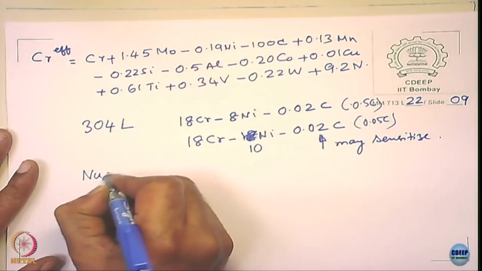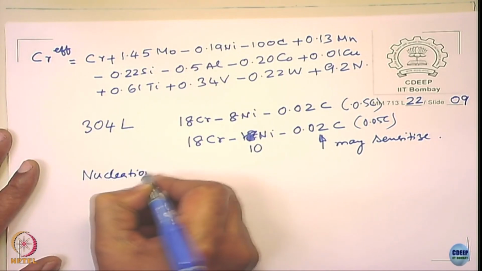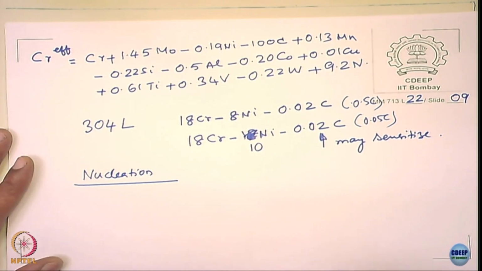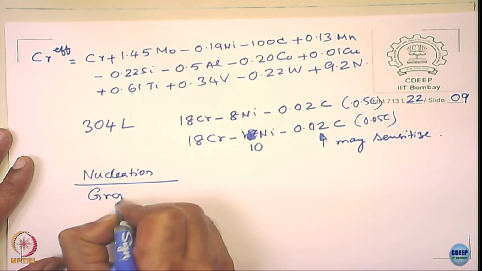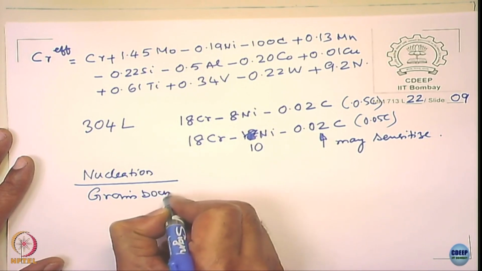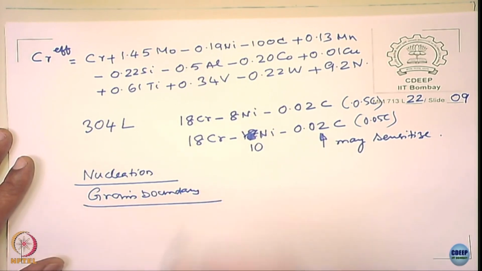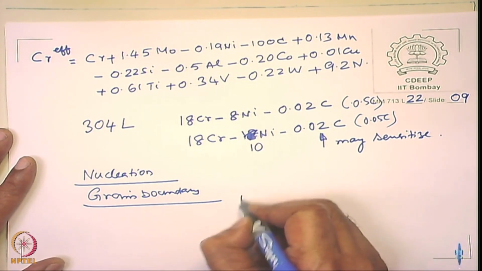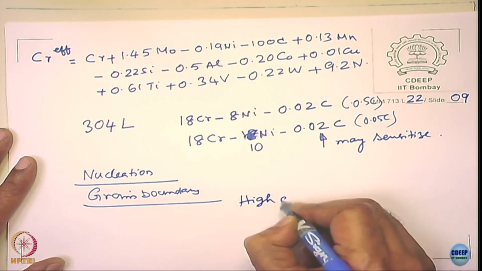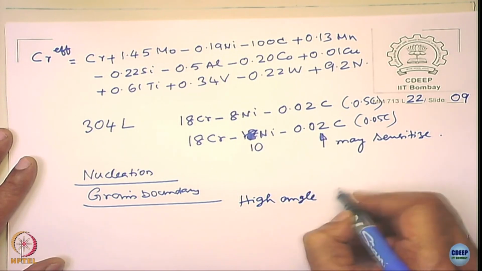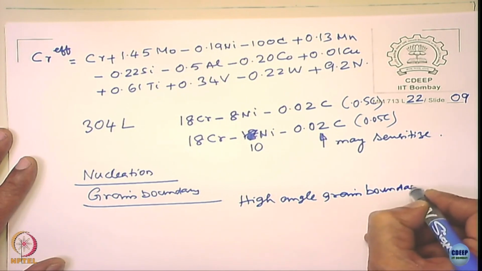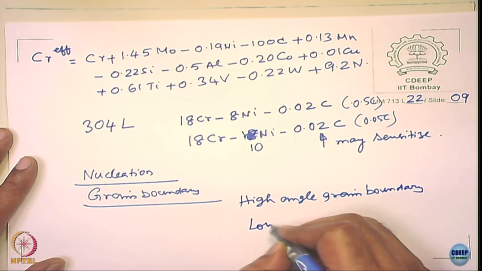That is about the nucleation. We know about the grain boundaries. We call them two types, high angle grain boundary or a low angle grain boundary.